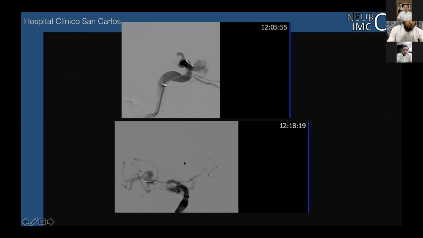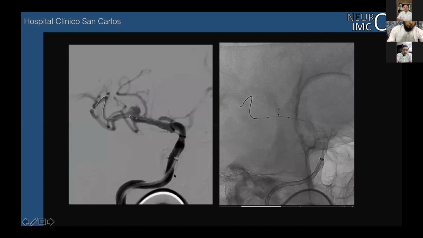Later, I decide to navigate with one balloon, inflate the balloon to reposition the WEB a little bit, but finally, I decide to deploy. This is the balloon. This is the WEB.